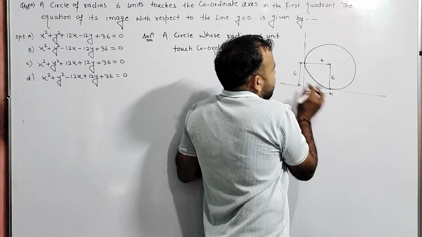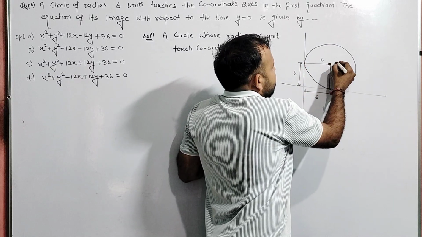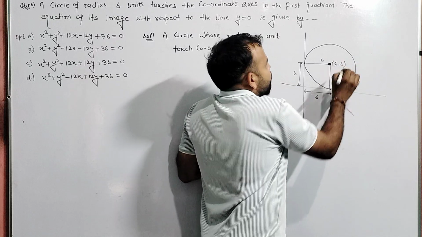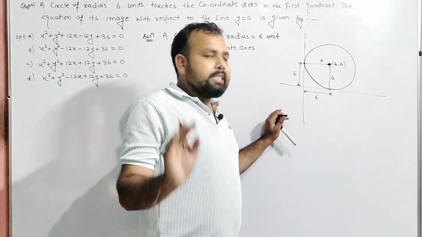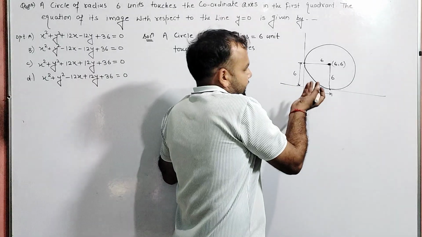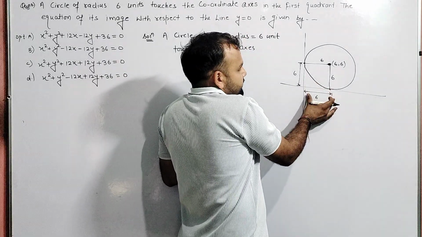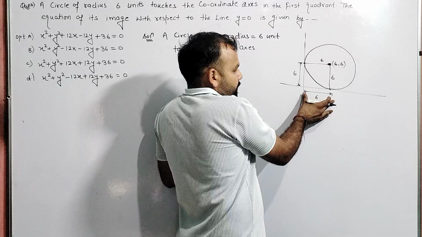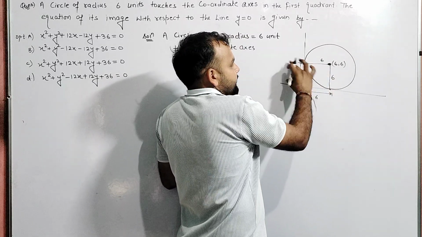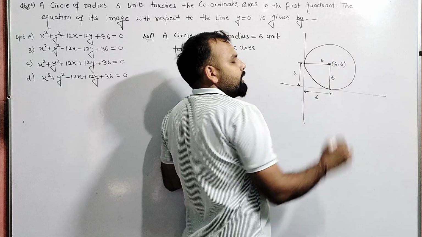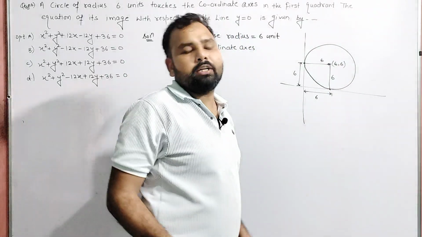By seeing both things, we can say that (6, 6) is the center of this circle. By drawing a rough sketch, we can easily see that this is the distance from the y-axis and this is the distance from the x-axis, 6 units and 6 units. So this point will become (6, 6), and this is the center of this circle.